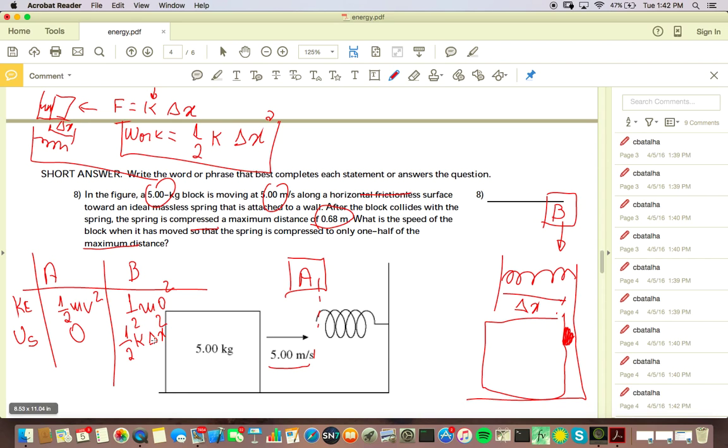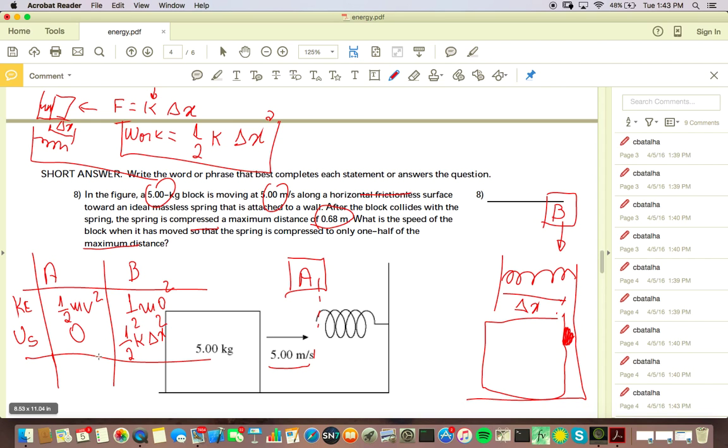From here, the information you can get is the value of your spring constant, because the total energy is not lost anywhere. We have a certain amount of energy at A, and that energy appears at B as a compressed spring.